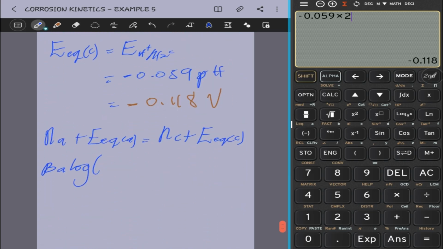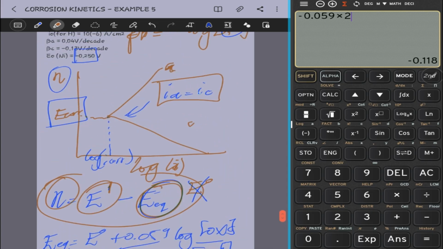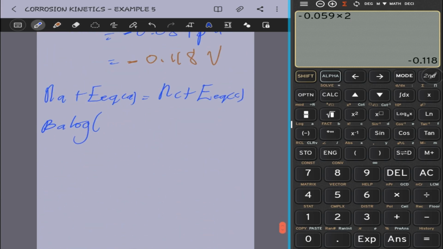So for the anodic it's I_A, and we replace it with I_corr, because at that point it should be the same, over I_0, the exchange current density.